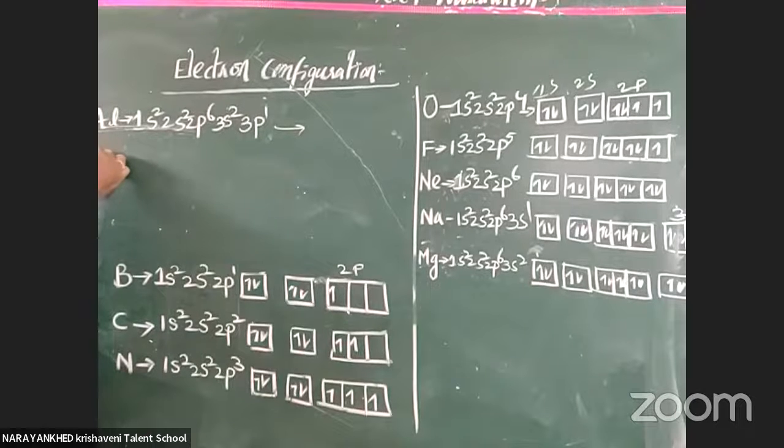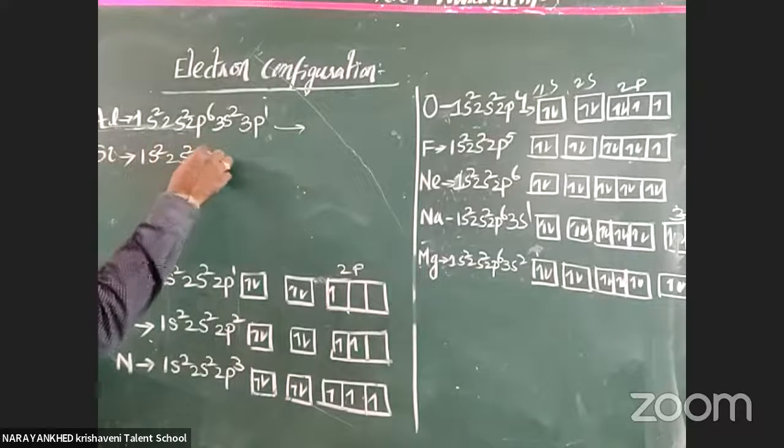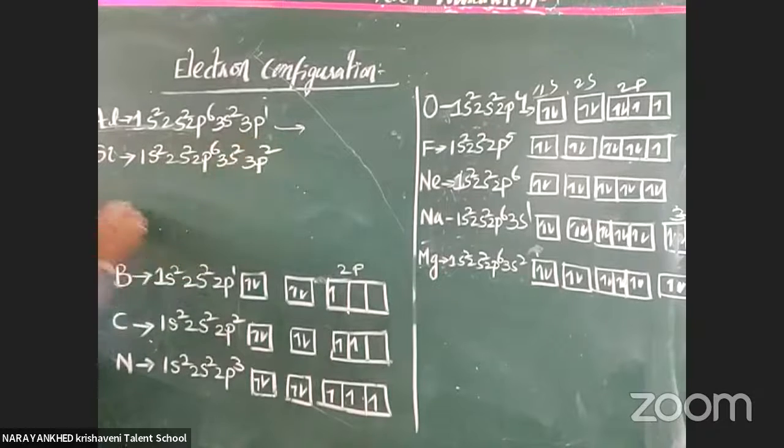Next, what do we have after aluminium? Silicon. Clear or not, all the students? Silicon, Si. Now it will become 1s2, 2s2, 2p6, 3s2, 3p2. And afterwards phosphorus.